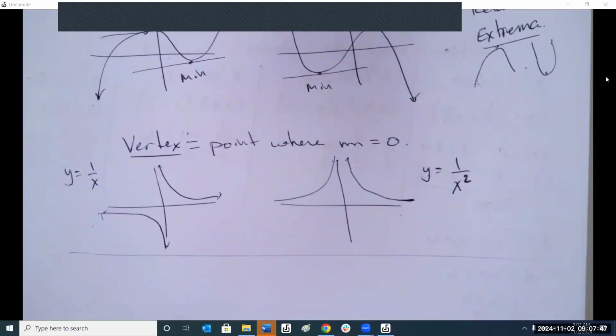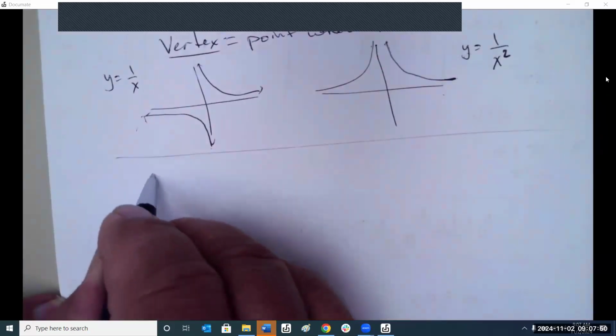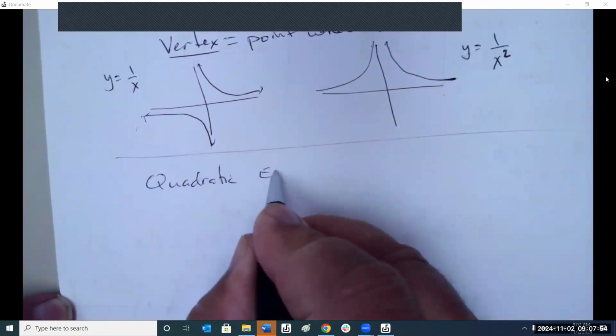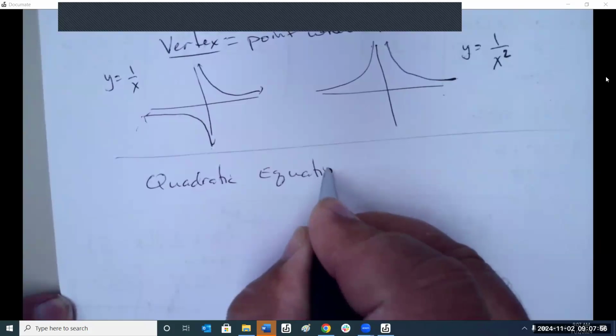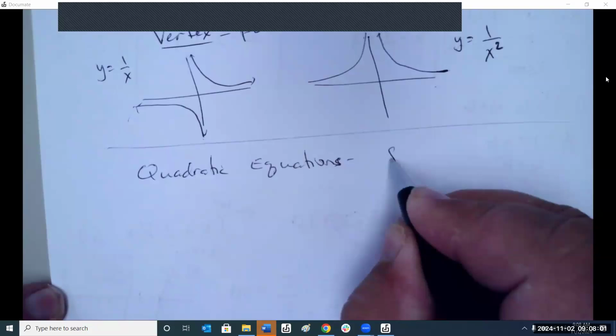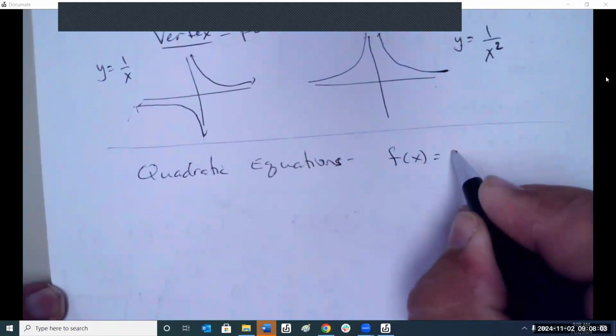So, quadratic equations look like this, or quadratic functions.